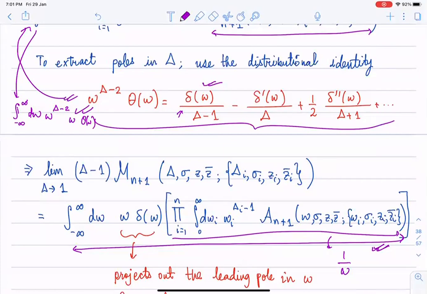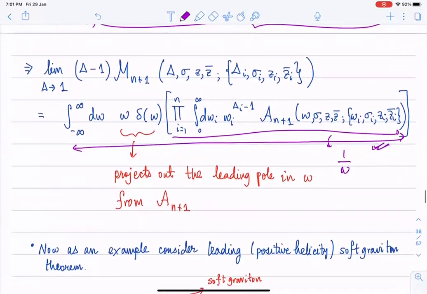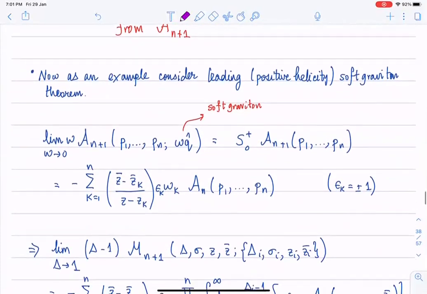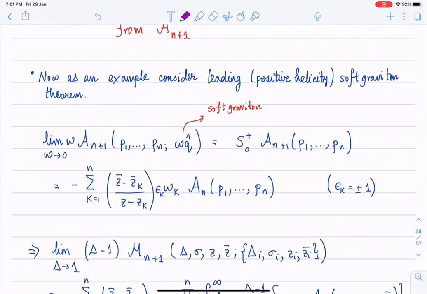Yeah. Thanks. Good. Okay, so now let's look at a specific example of how this works out. Suppose we take the case of the soft graviton theorem, or what is known as the leading soft graviton theorem, which was proved by Weinberg, as all of you know.